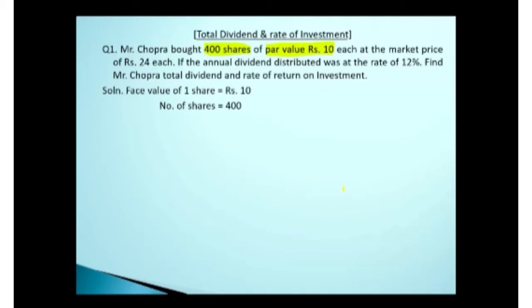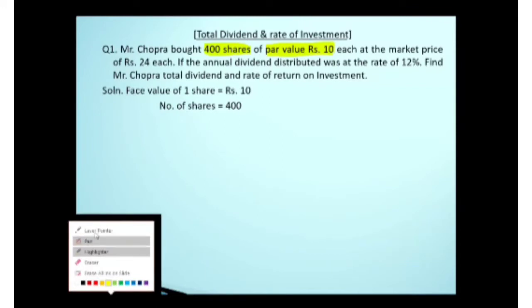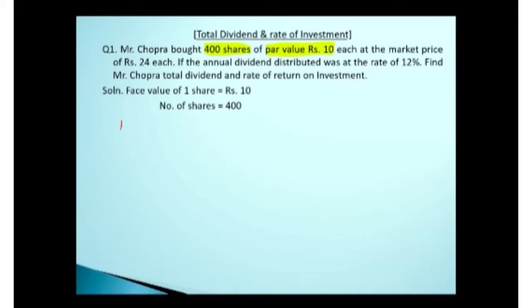Total face value will be face value of one share multiplied by number of shares. Total face value, T.F.V. So what will that be? Face value of one share is 10, into number of shares, which is 400. So that will be equal to 4,000.